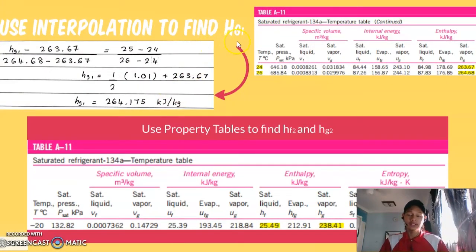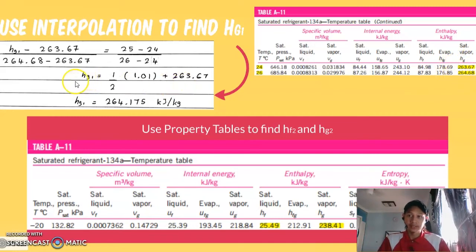To find the Hg1 value, same with the previous, we use the interpolation method. We must take between 24 degrees Celsius and 26 degrees Celsius, and this is the enthalpy for 24 and 26 degrees Celsius for the Hg.